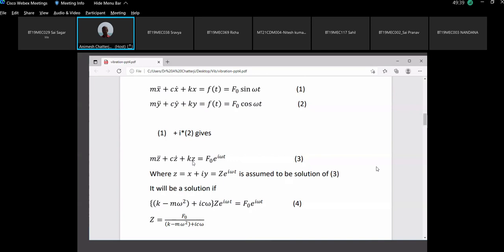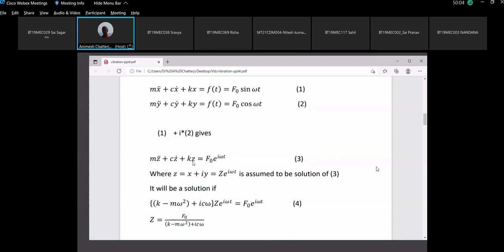So this is a theory that comes from complex number theory, that imaginary part always remains imaginary, real part always remains real. So if we have two different complex numbers which are equal, then imaginary part should be equal and real part should be equal.